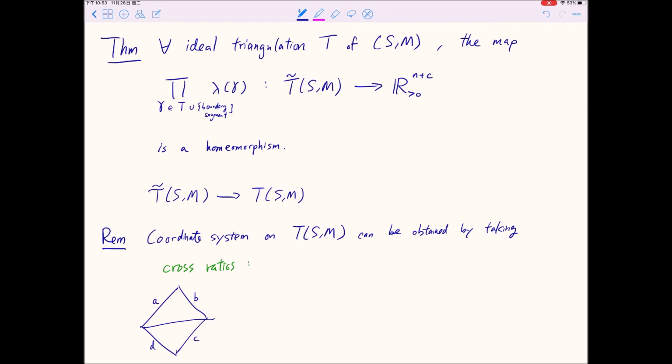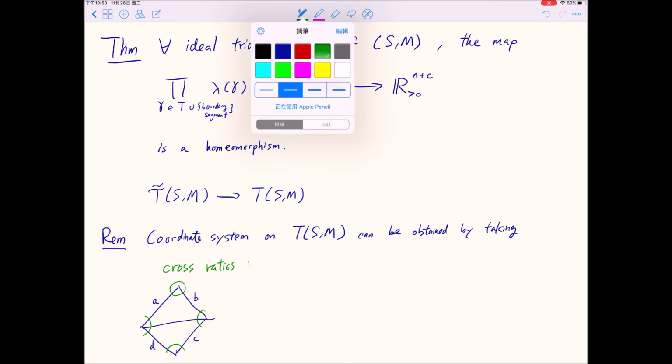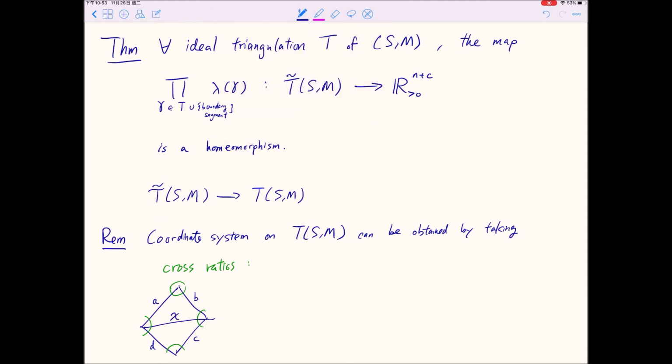So in the decorated version, we define the lambda length by providing a choice of horocycle cutting our arc. Then we will define the cross ratio to be the ratio of the lambda lengths, like this. So this lambda length will depend on the size of these horocycles, but it turns out that the cross ratio, chi here, will not depend on the choice.